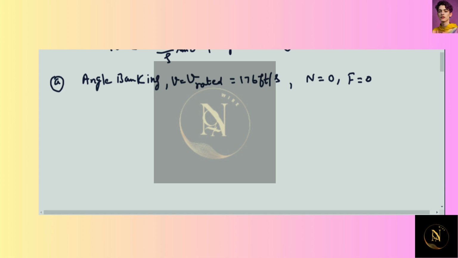So dividing equation 1 and 2, or you may write from equation 1, F is to be taken 0, m v rated square by rho cos of theta minus mg sin of theta.